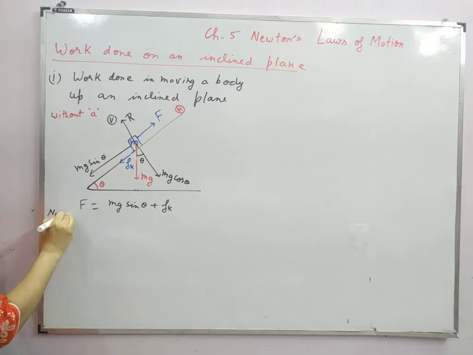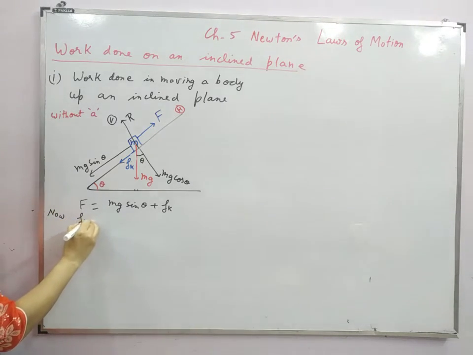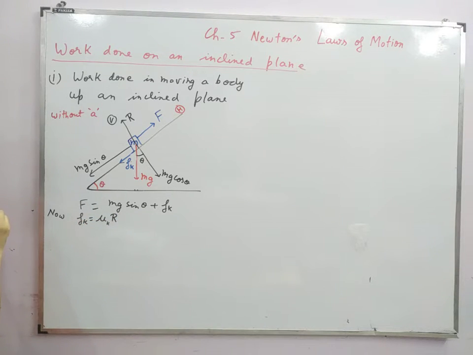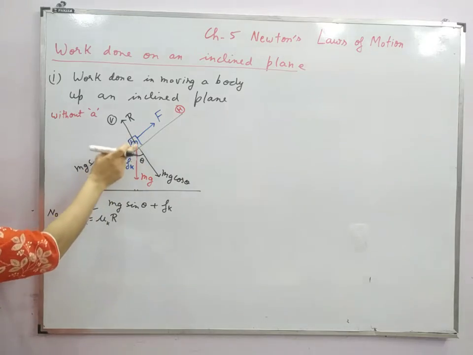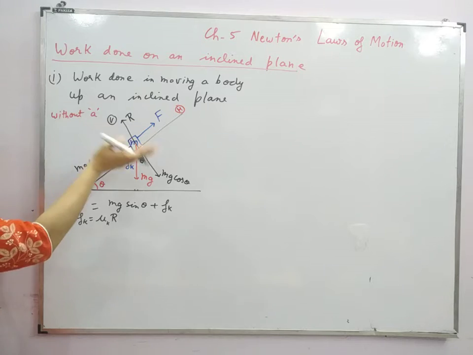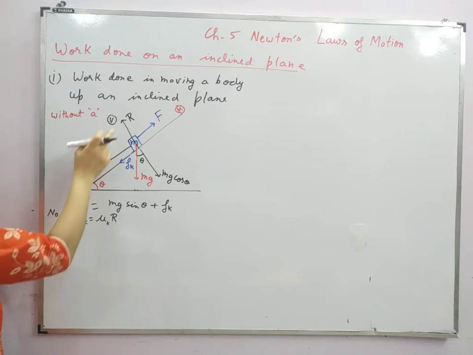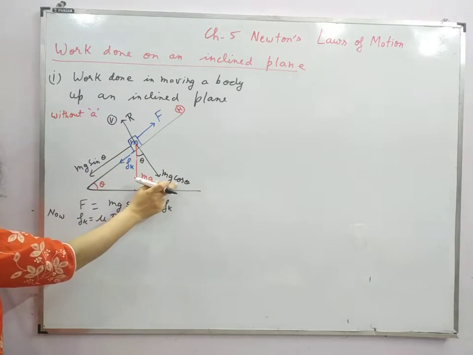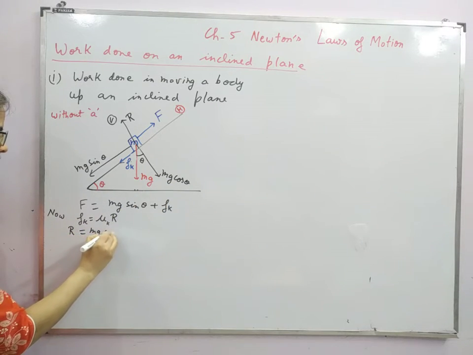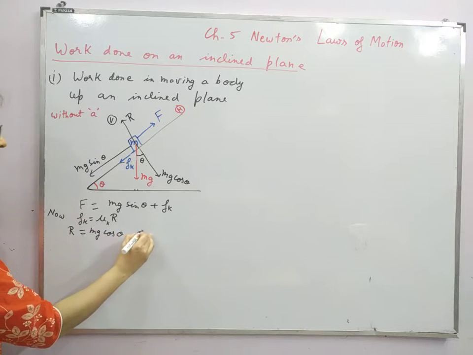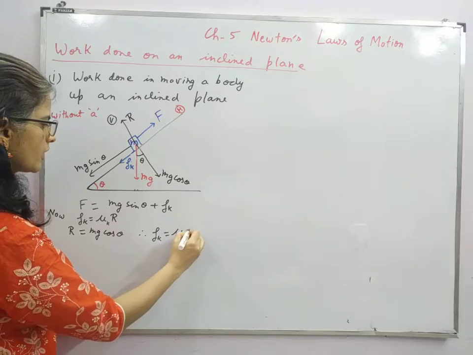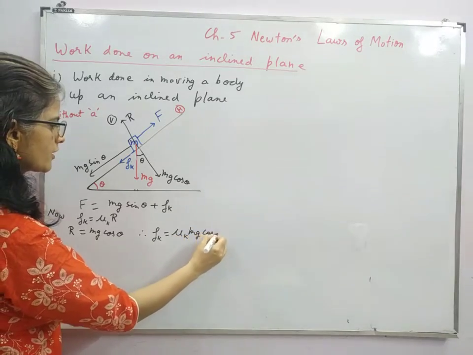Now what is the formula for friction force? Friction force is mu k into normal reaction. Now check this: the body is on the incline, moving parallel to the incline. It's not moving in this vertical direction. So this R force is balancing mg cos theta. So R is equal to mg cos theta. Therefore, Fk is equal to mu k mg cos theta.